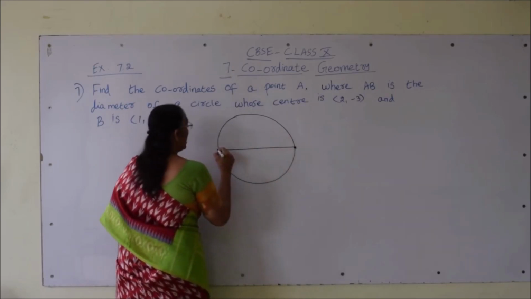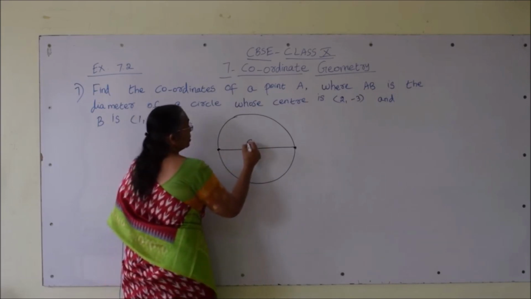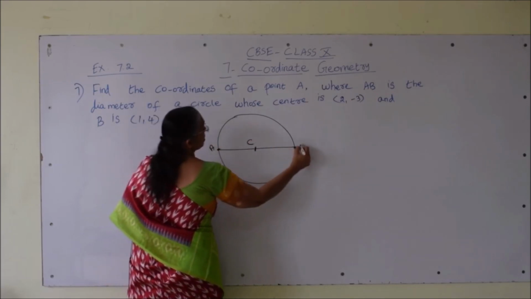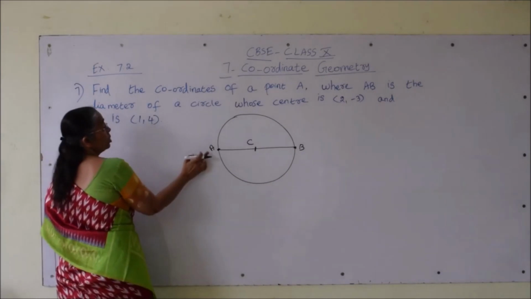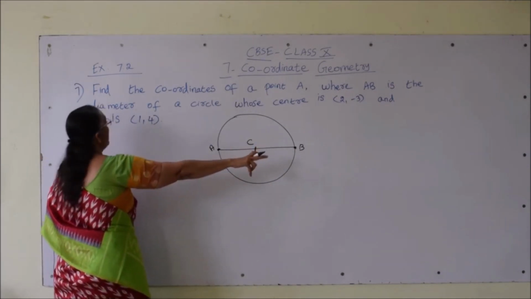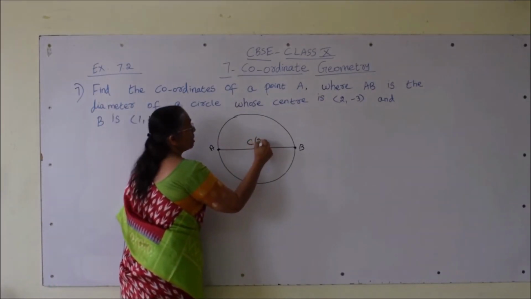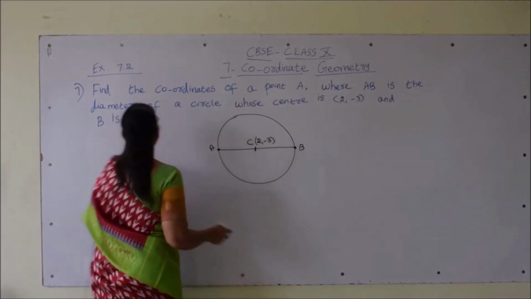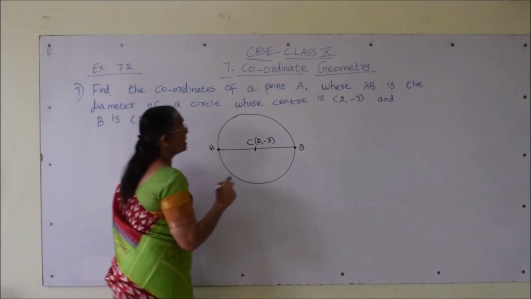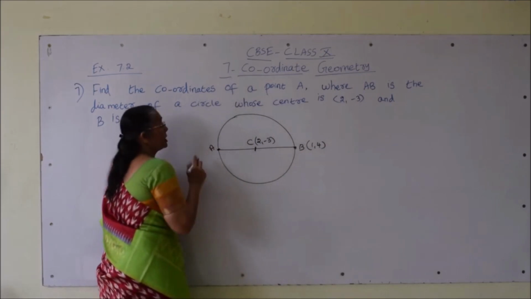We know a diameter is a chord which passes through the center. So, we have to find out the coordinates of point A. The question, what is A?